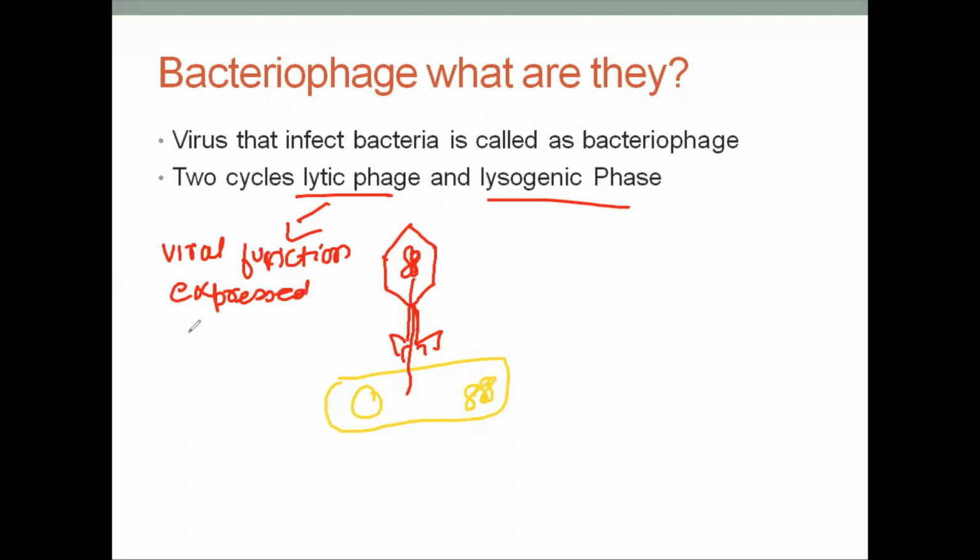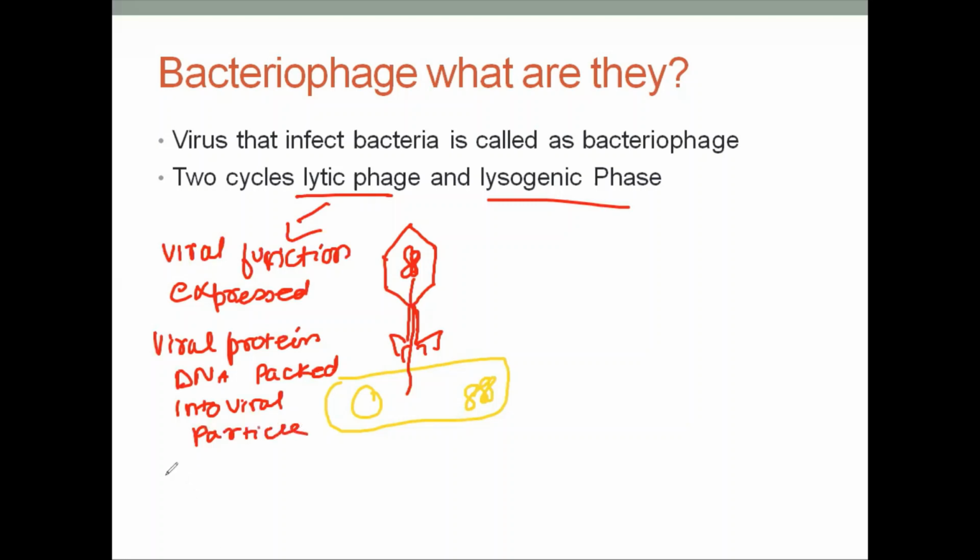Not only that, its viral proteins and DNA get packed into its head, or packed into viral particles. At the same time it lyses the host cell. Once it lyses the host cell, what happens? You have the release of virus particles. So this is how it happens.